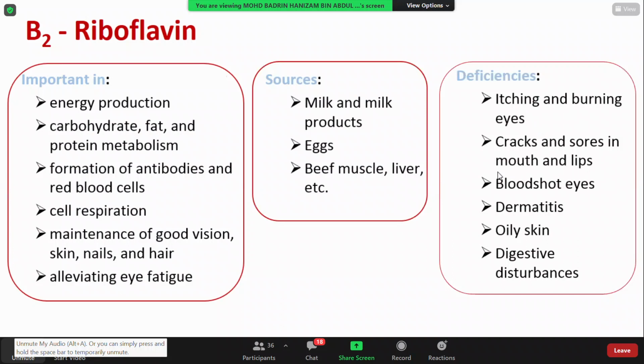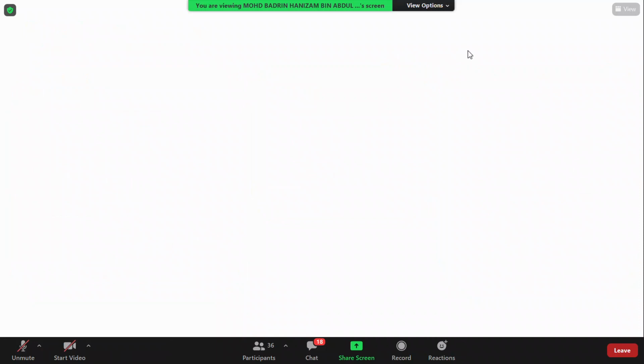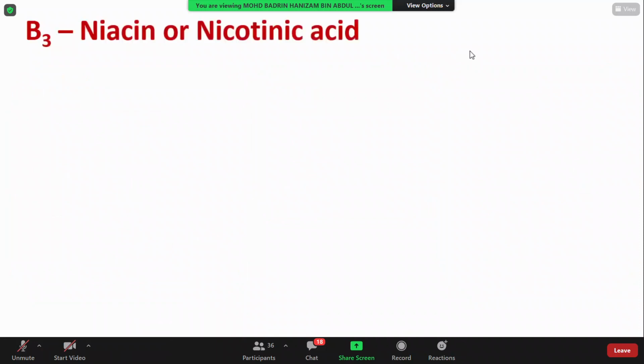Deficiencies: itching and burning eyes, cracked and sore lips and mouth, bloodshot eyes, dermatitis, oily skin, digestive disturbance. Again, no adverse toxicity has been reported for this riboflavin because it is not stored in our body.